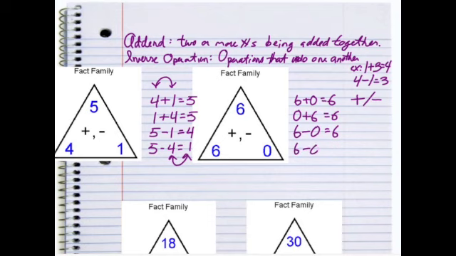And 6 minus 0 equals 6. Now this is kind of a confusing process here because I have 2 of the same numbers. But you can see for the addition problems, I did switch the order of the terms. And for subtraction problems, I actually switched the initial 6 and the last 6. So the first one, assume that those 2 6s switch places to make the second subtraction problem.